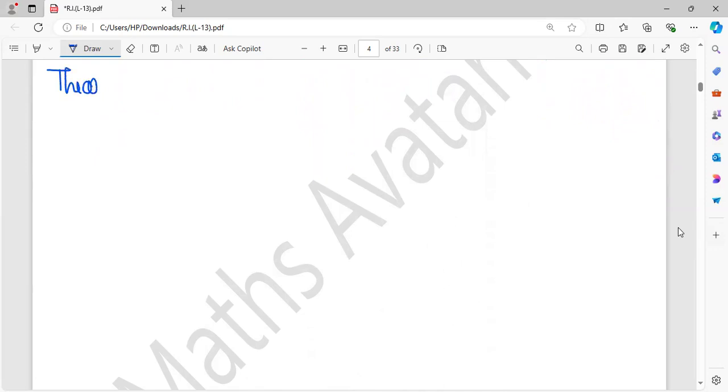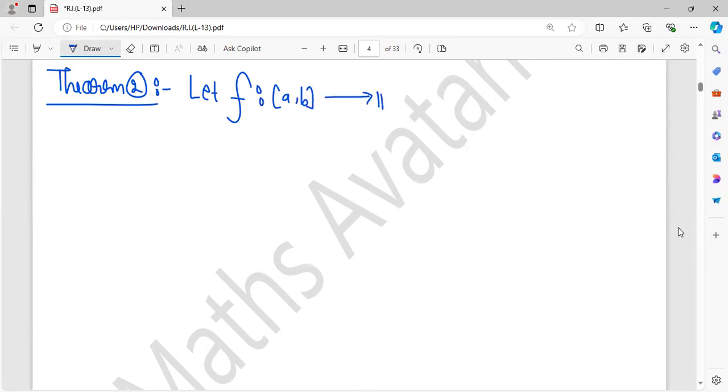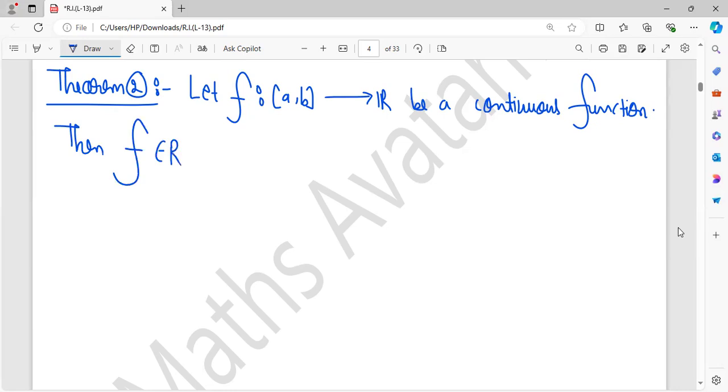Theorem: let F from closed interval [a,b] to R be a continuous function, then F belongs to R[a,b].